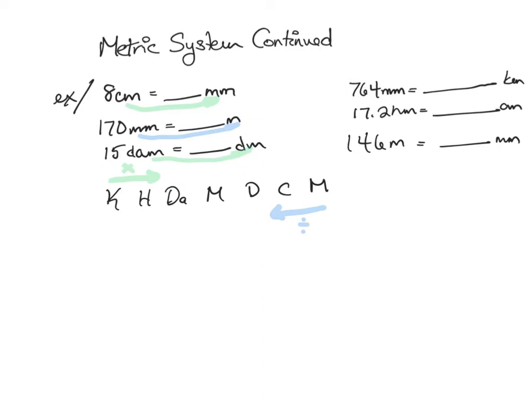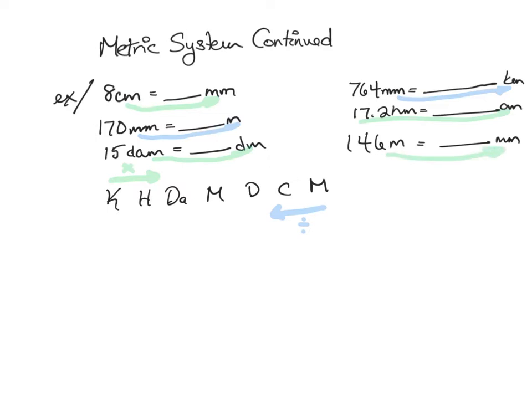If we're doing millimeters to kilometers, blue. Hectometers to centimeters, green. And meters to millimeters, green.